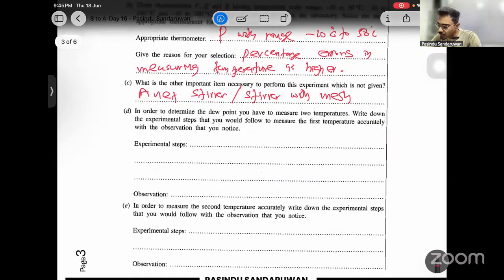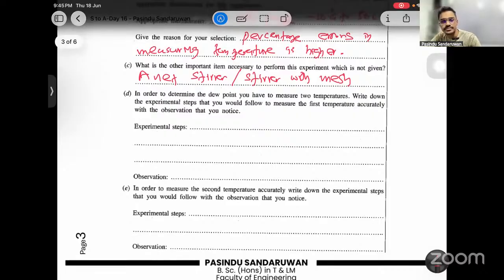D. In order to determine the dew point, you have to measure two temperatures. Yes, because we are getting the average of two temperatures when forming dew starts and when dew disappears. Write down the experimental steps that you would follow to measure the first temperature accurately with the observation that you notice. We have to add ice pieces, ice chips one by one.